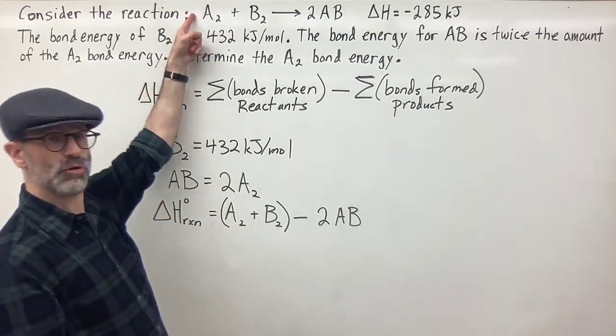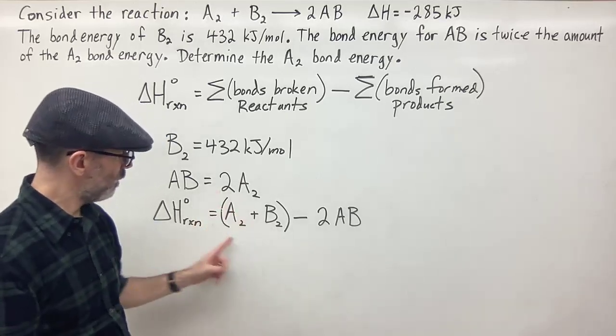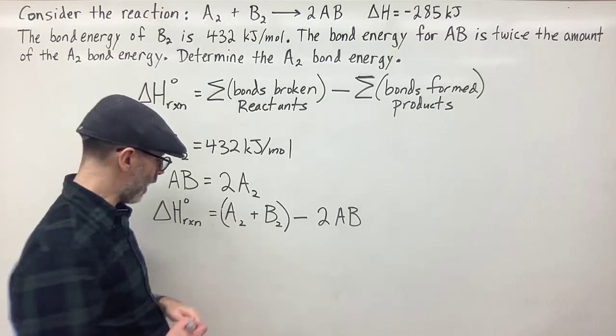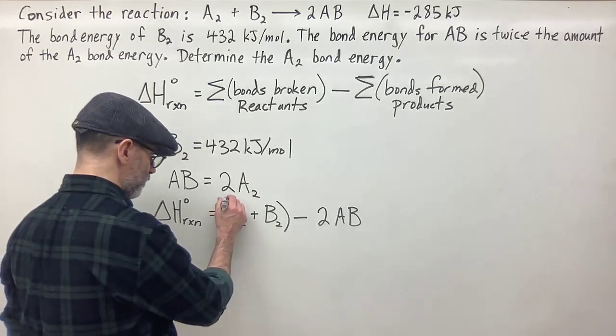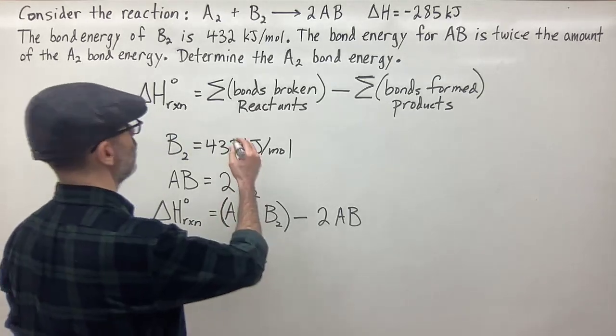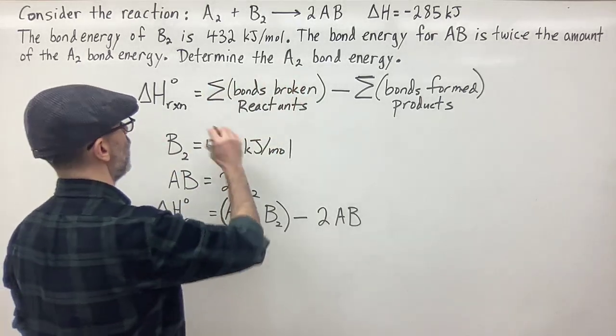But if this was a 2 coefficient, then I would have a 2 there for the A2, because I would have to break 2 of these, and that requires energy. Okay, so now I should probably, yeah, so that should be fine.